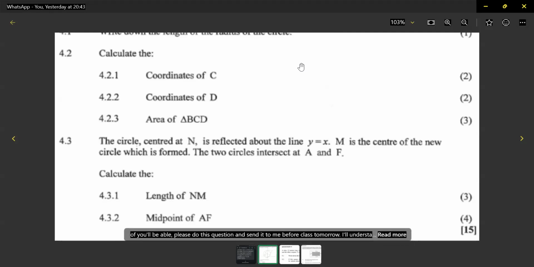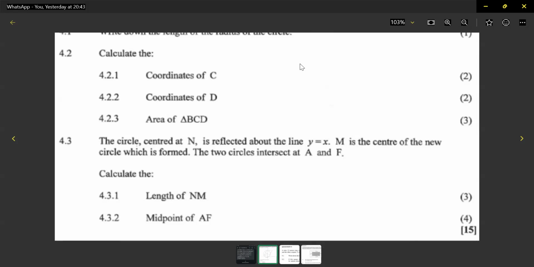But this is what we need to remember. What is the meaning of reflecting a line, in fact a function or a circle, about the line y equals x? Well, it's easy. It means very simply that you are finding the inverse of this circle, even though it's not a function.